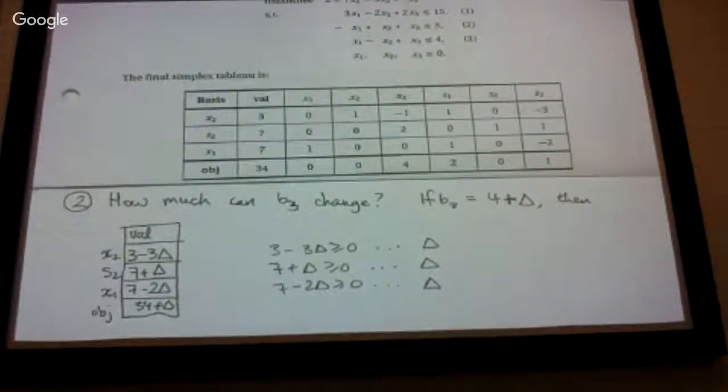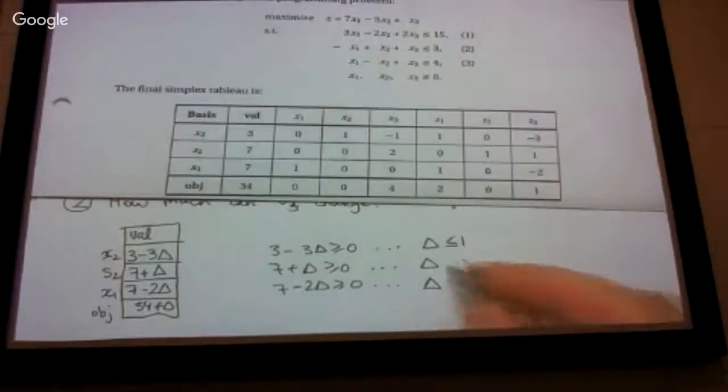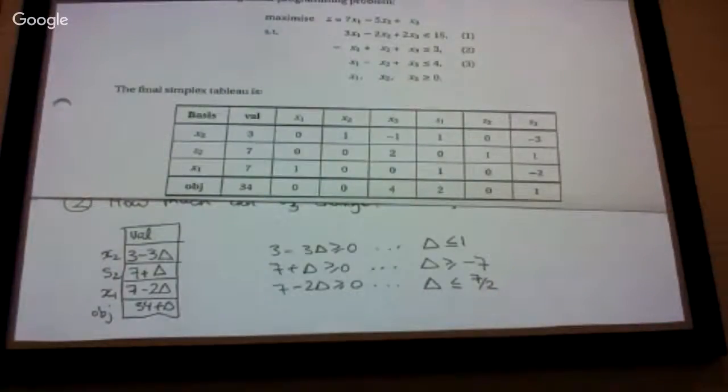What's the first condition for delta then? Less than or equal to 1. And greater than or equal to minus 7. And less than or equal to... oh, that's right.